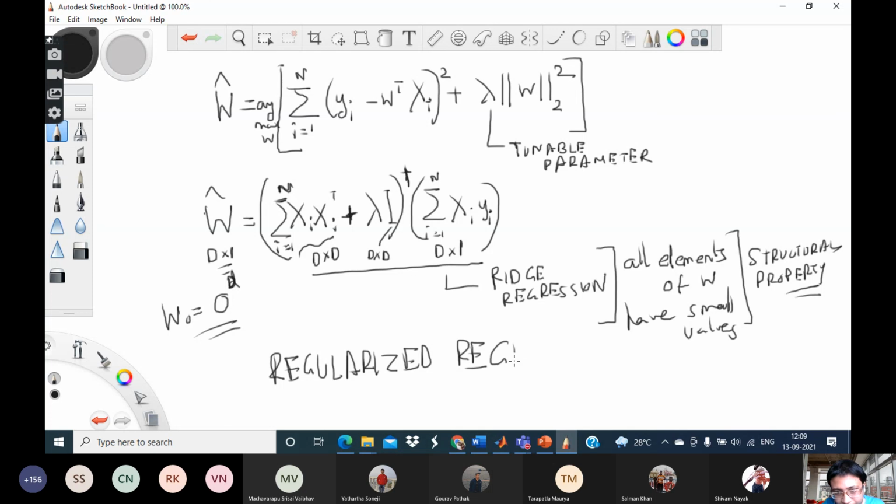Before I close the class, can anyone tell me why I put this square instead of the Euclidean distance, or what would have happened if I had not put this square?